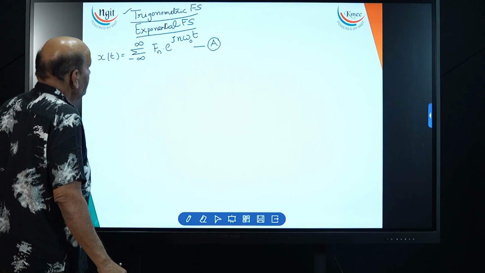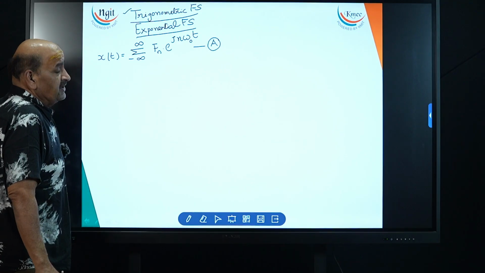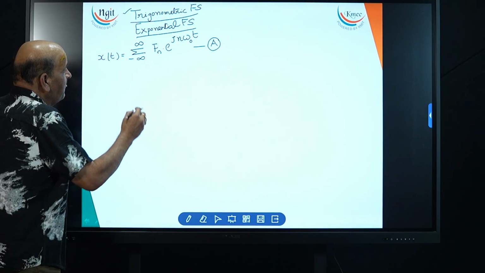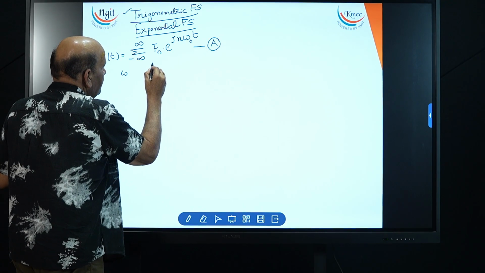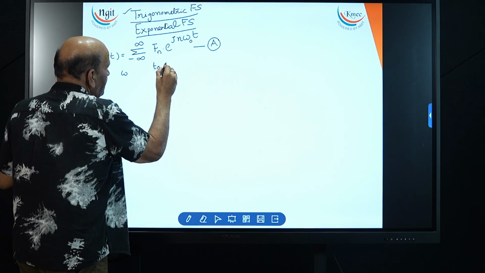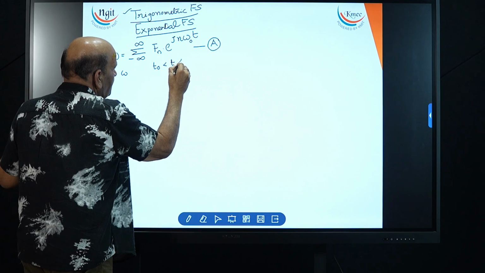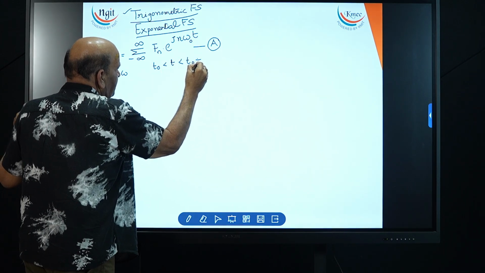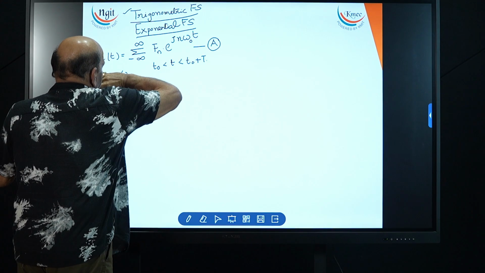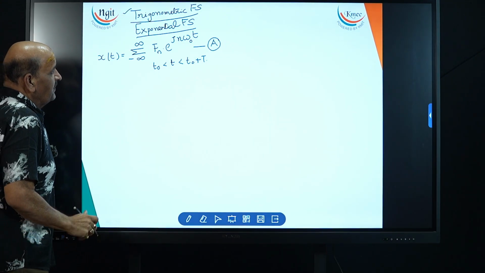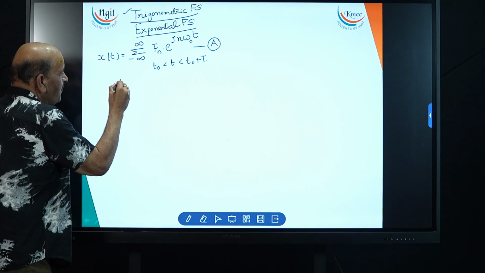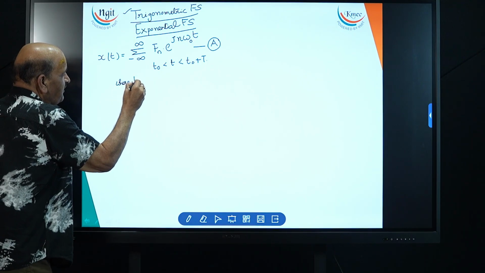This is the Fourier series of an exponential signal. For this signal, what is the interval? The interval, that means the period, is t naught to t naught plus T. That is the period of this signal. Now, what is this constant F of n?